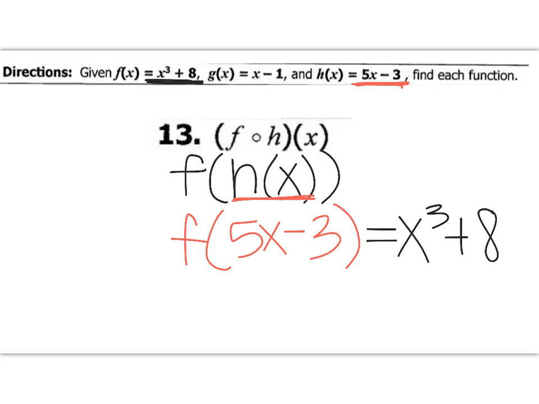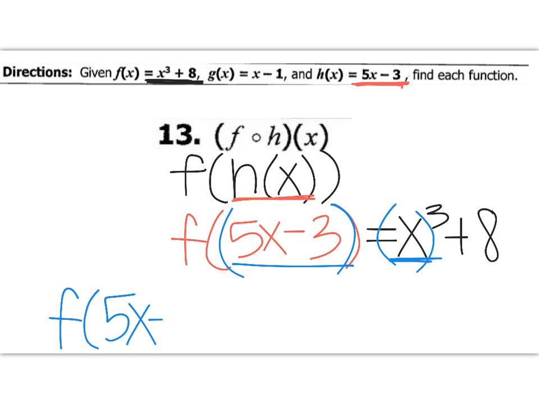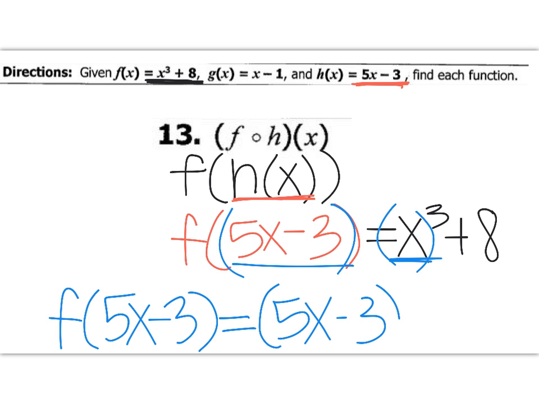So anytime we see an x, we want to substitute in 5x minus 3. So we would rewrite this as f of 5x minus 3 equals, we see an x, we're going to substitute in 5x minus 3 to the third plus 8.